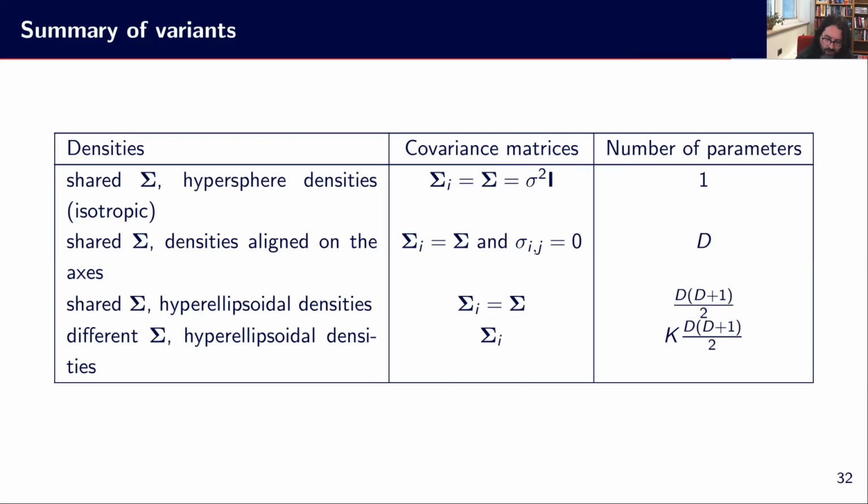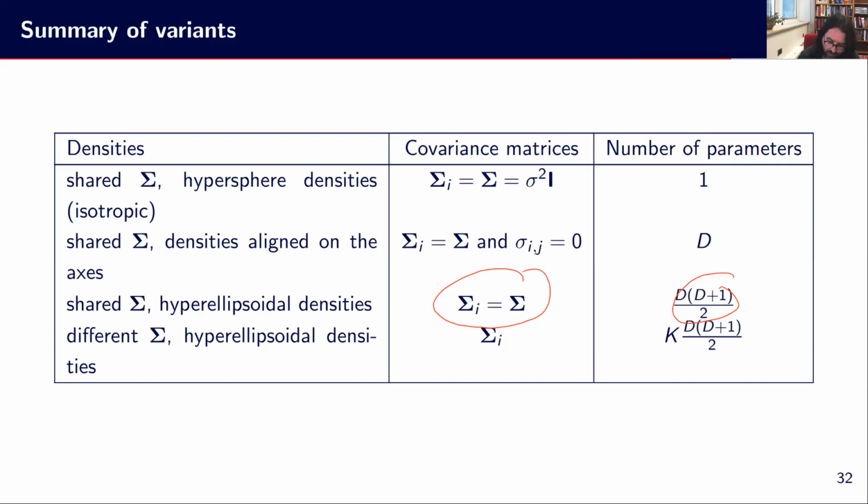If we are sharing the full covariance matrix, so sigma for class i is equal to a single sigma, we have d times d plus 1 divided by 2 parameters to estimate, which is growing quadratically with the dimensionality, so that might be an issue. But the model here is linear. Still, we have a hyperplane that is splitting the two sharply.